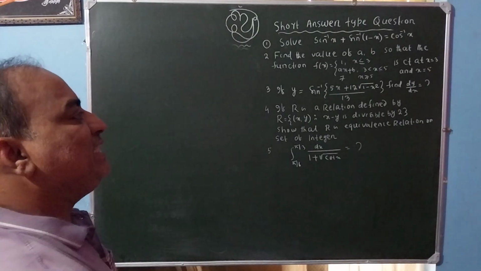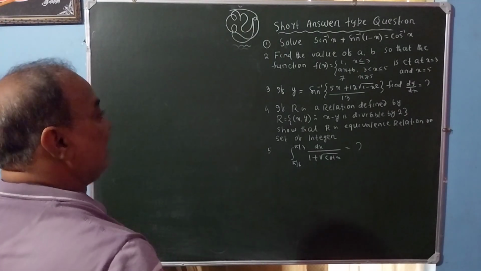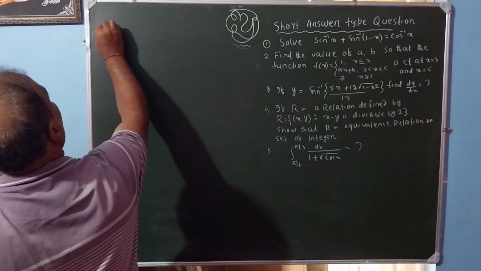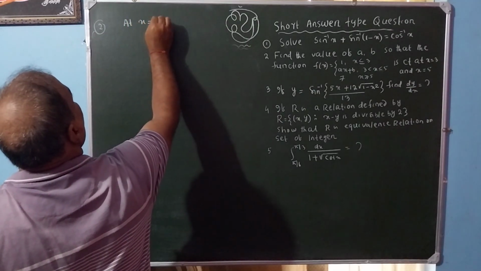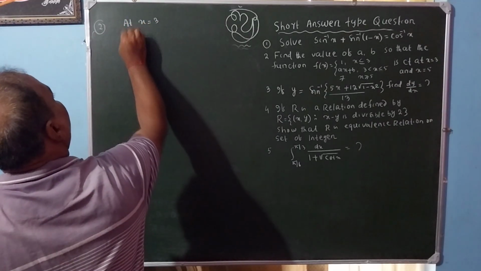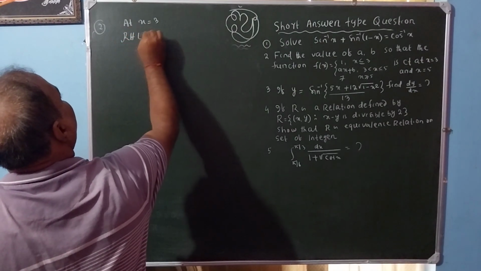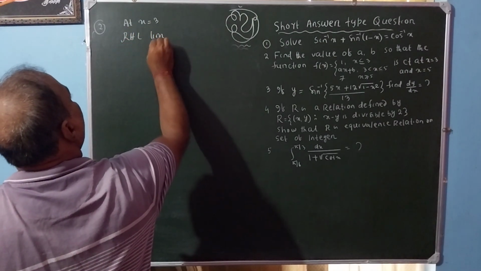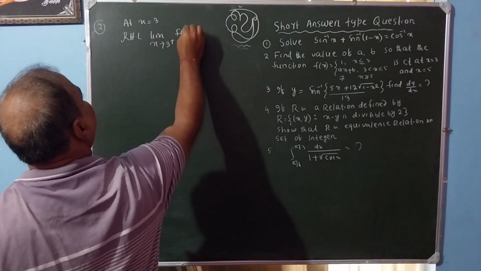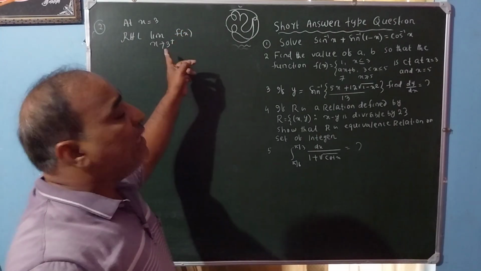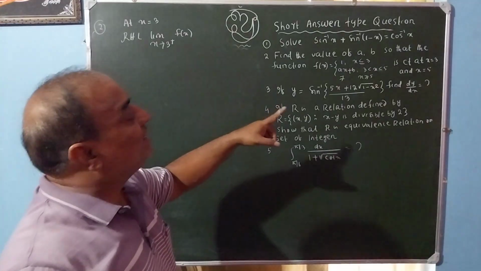So we have to test the continuity at x is equal to 3. Write down, at x is equal to 3, RHL: limit x tends to 3 plus f of x. X tends to 3 plus means x greater than 3.